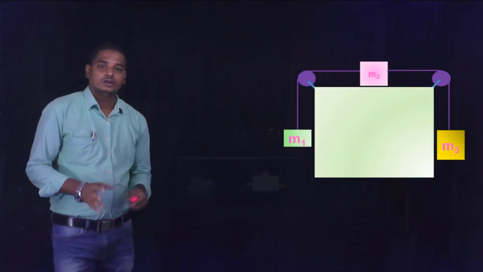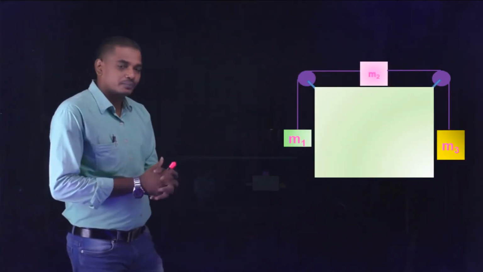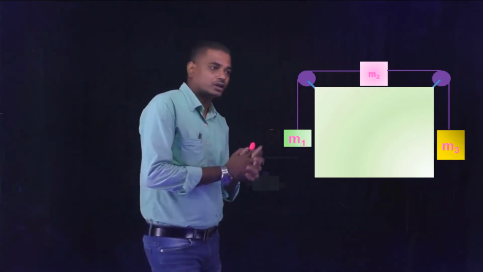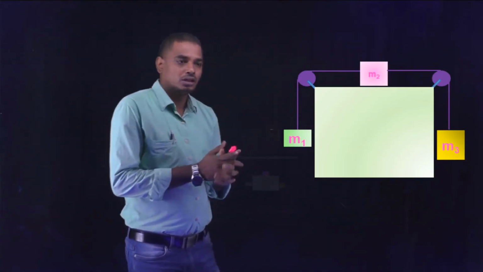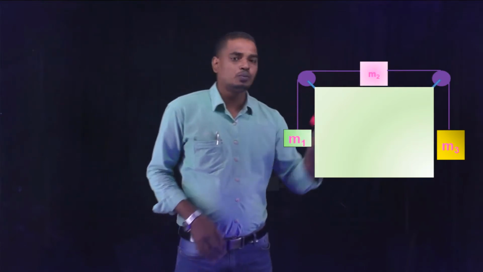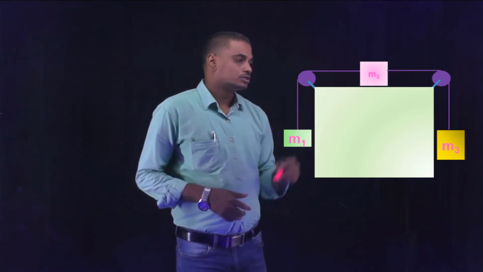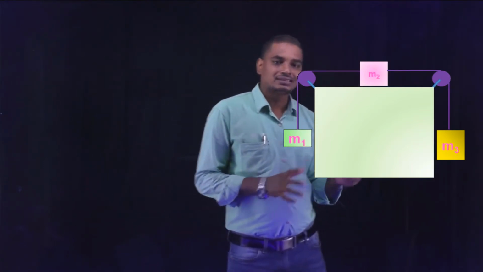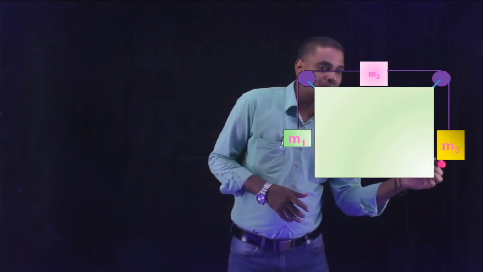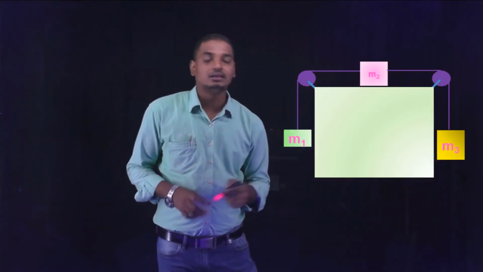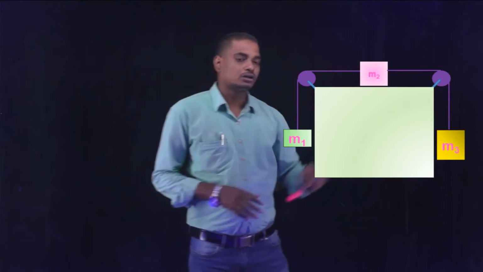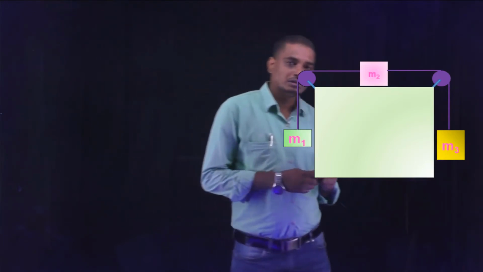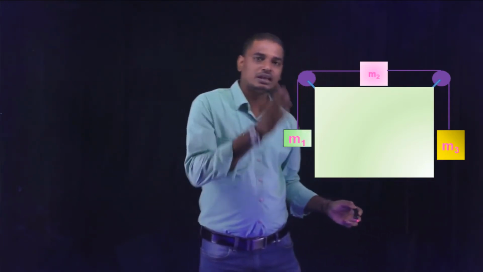Okay students, now let us move on to the next case. In this case we are given 3 blocks over 2 pulleys, right? Let us consider the mass M3 is greater than M1 such that the block slides downwards. M3 is coming downwards and M1 is coming upwards.